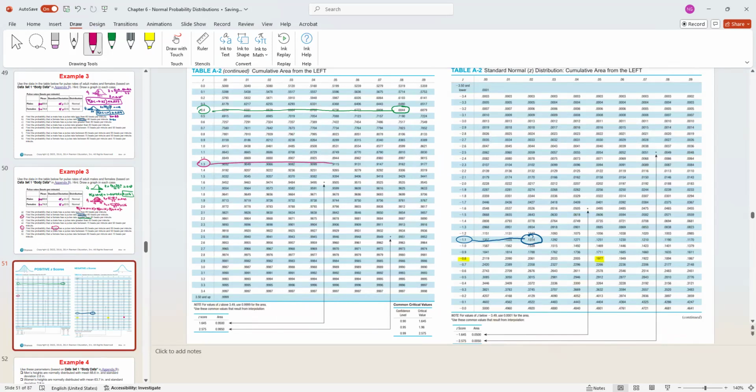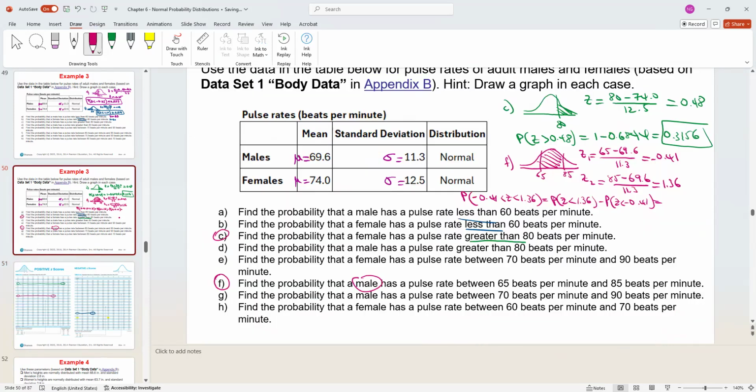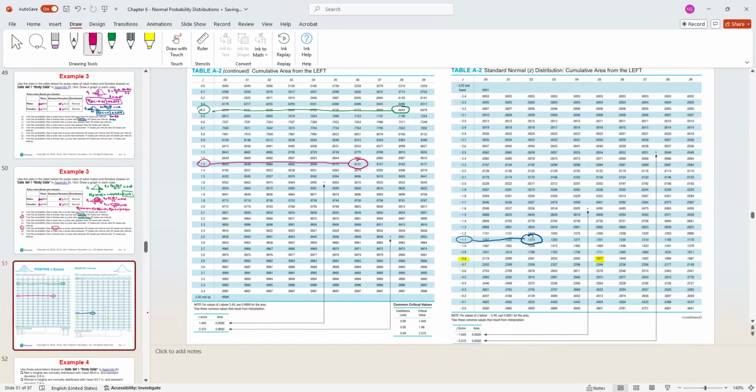That will be 0.9131, minus whatever you find for negative 0.41, which is 0.3409.